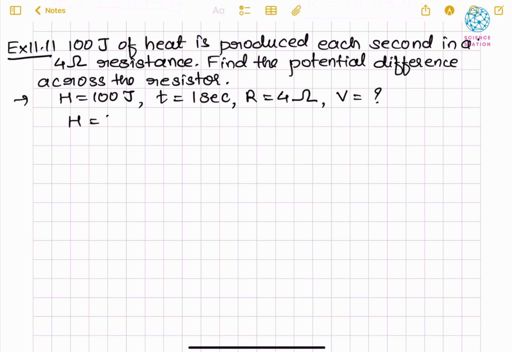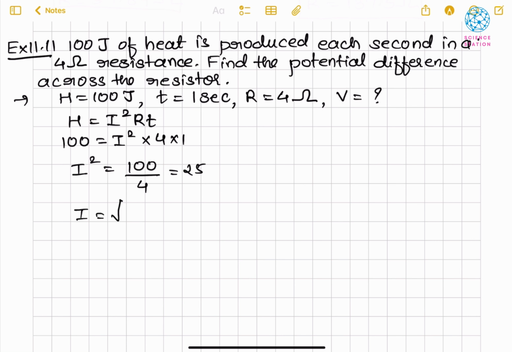So I know that H equal to I square RT. So 100 equal to I square into 4 into 1. So I square will be 100 upon 4, that is 25. So I will be square root of 25.